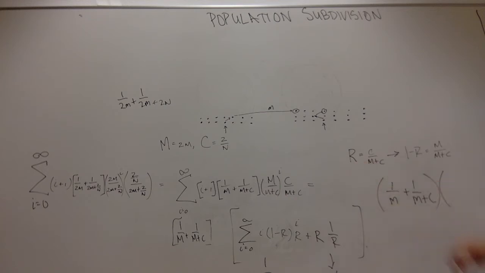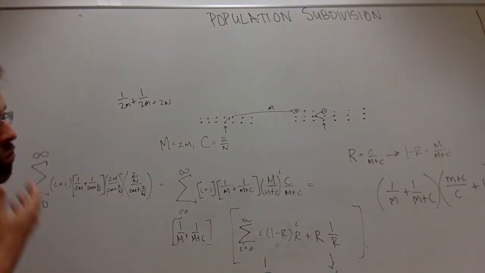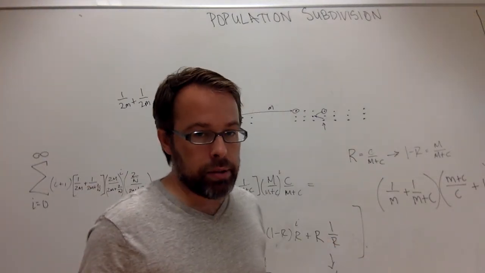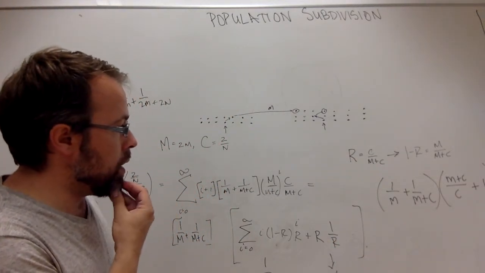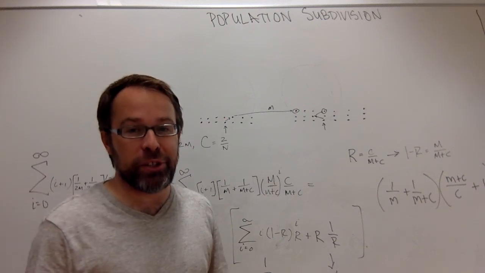This is r, so that is equal to the inverse of that: m plus c over c, plus 1. So I think I'll leave that there for now. I think that's plenty in this video, and I'll think about what else we should do with these links.